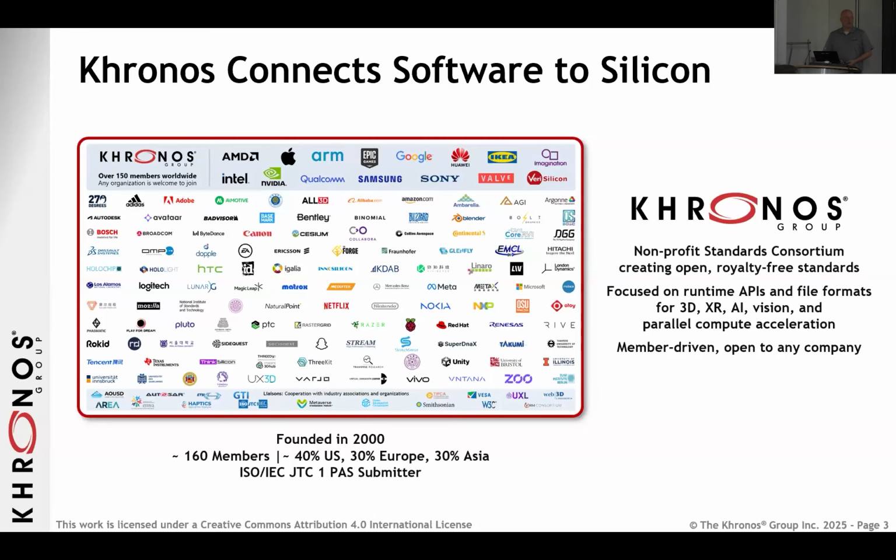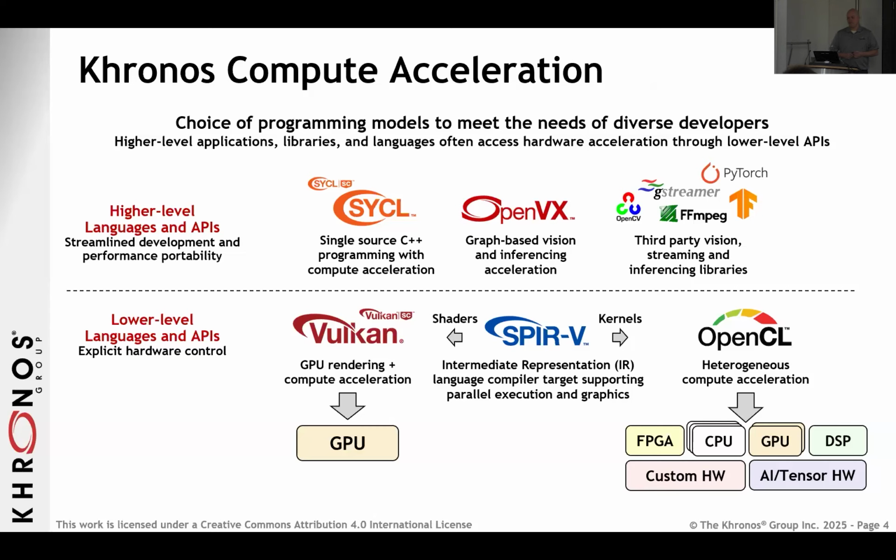If we zoom in just a little bit, Khronos provides a diversity of APIs for compute acceleration that are suitable to different markets and developer needs. This slide tries to position them all and show how they relate, where there are some similarities and where there are some differences. So we're going to start at the bottom and work our way up.